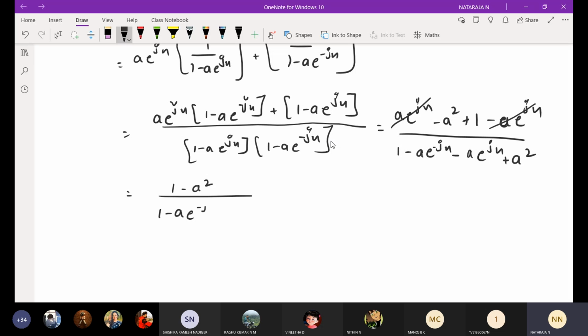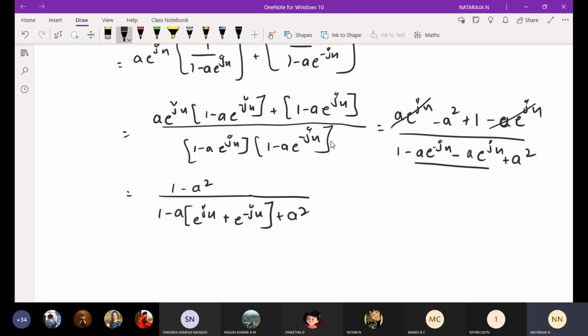I can take common here a into e power j omega plus e power minus j omega plus a square. By this I can take a common. I can make e power j omega plus e power minus j omega.